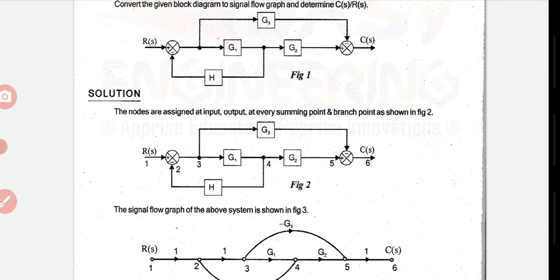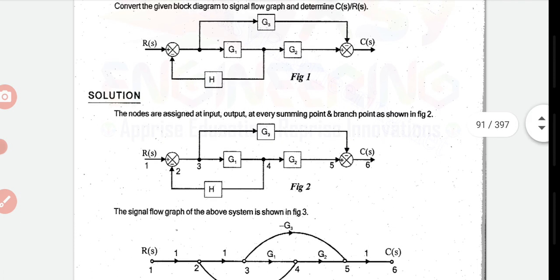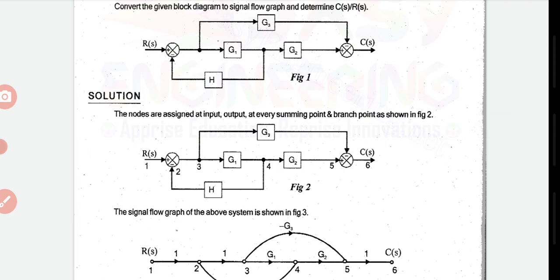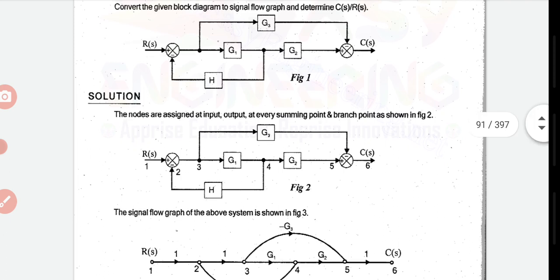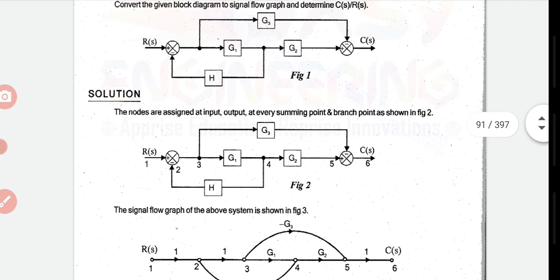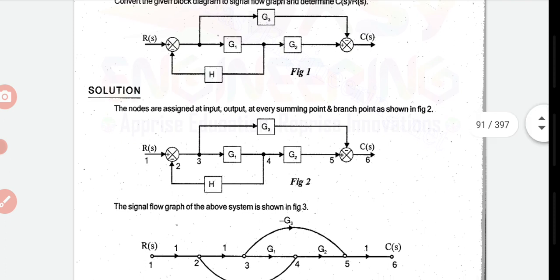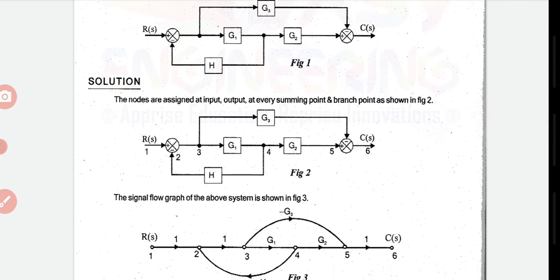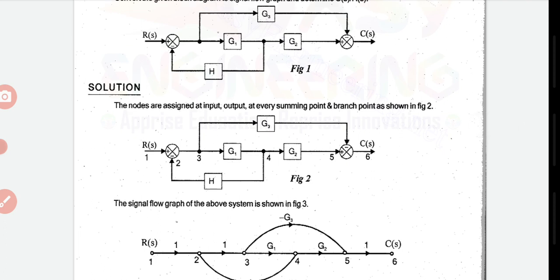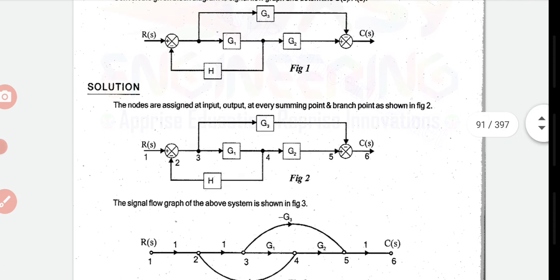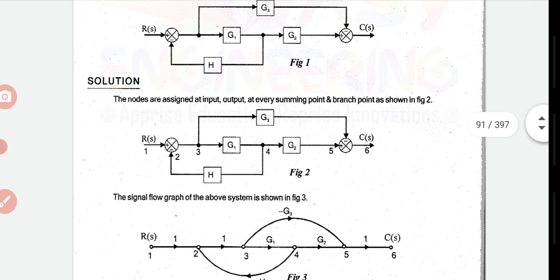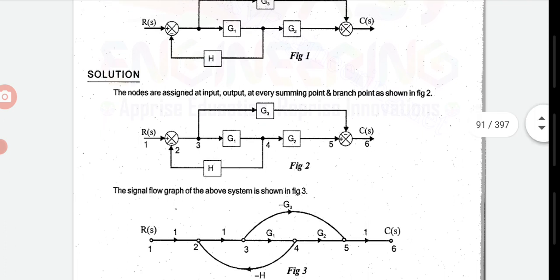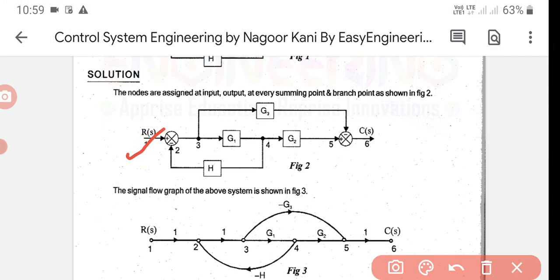Where do we have to keep the nodal points? At the input side, which is R of S, and at the output, which is C of S. If you have any summing points, we should consider them as nodal points, and any branch points we also consider as nodal points. So in the given block diagram, we have the input R of S as the first nodal point.